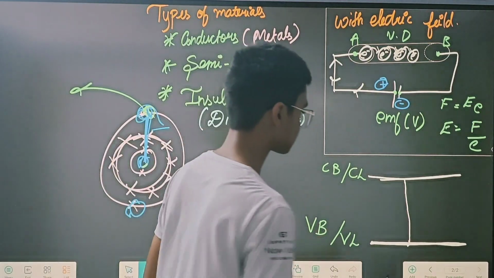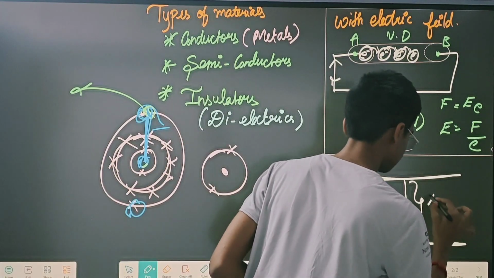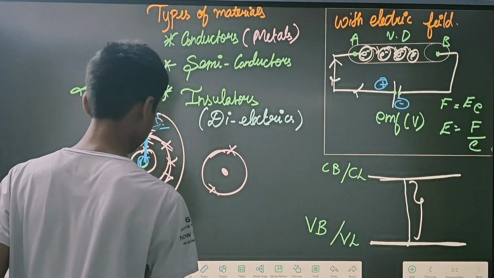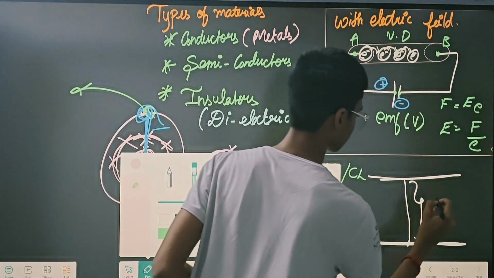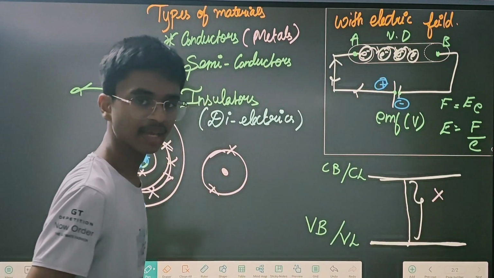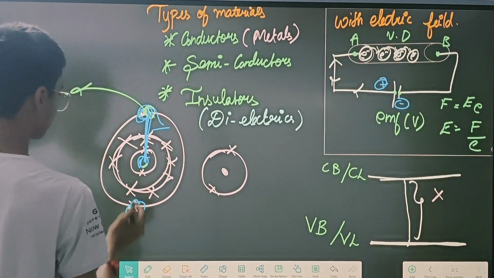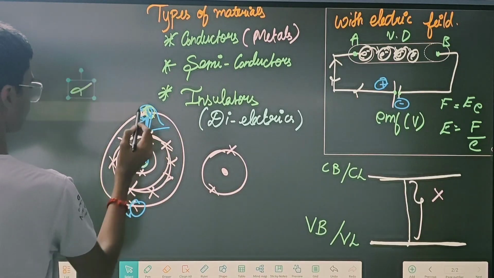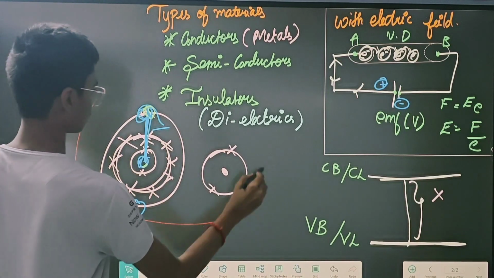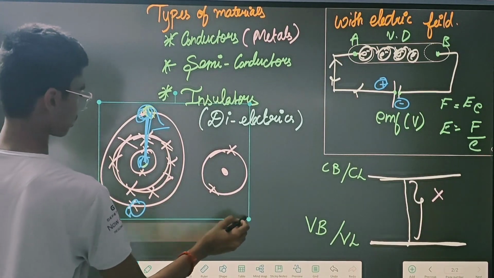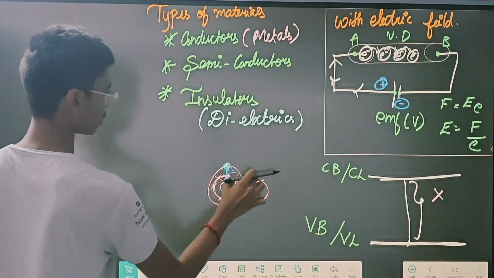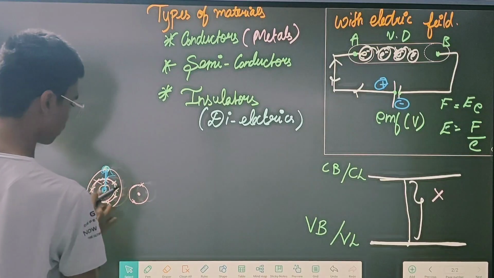Let this distance be x. So this x distance is there, right? I'll shorten this. I don't want to erase this, so let it be here somewhere.